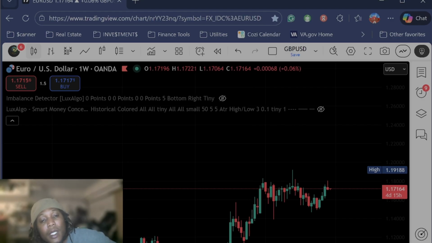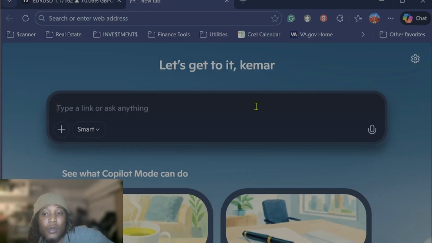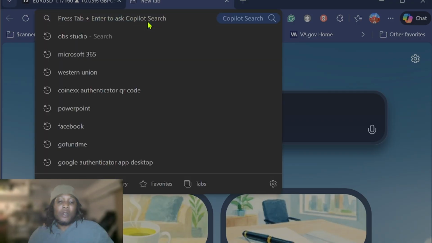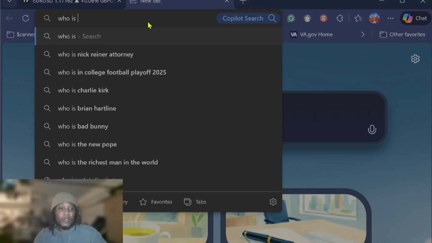Like this one is called the Fib retracement, or Fibonacci retracement, right? Let me open up another screen. And then let's type in who is Fibonacci retracement, right?